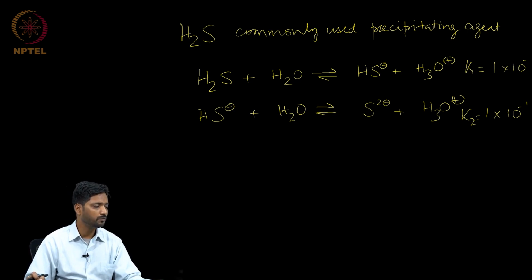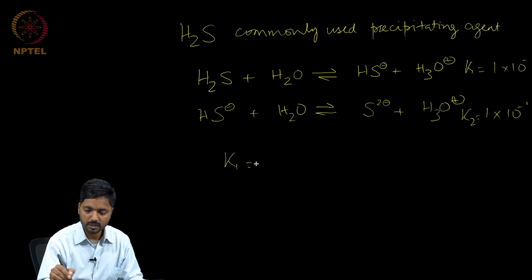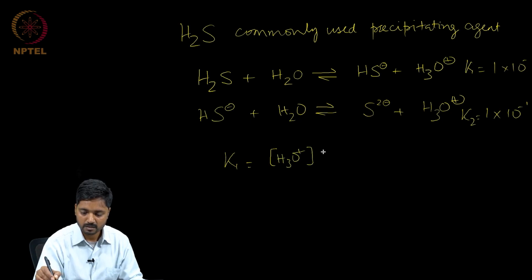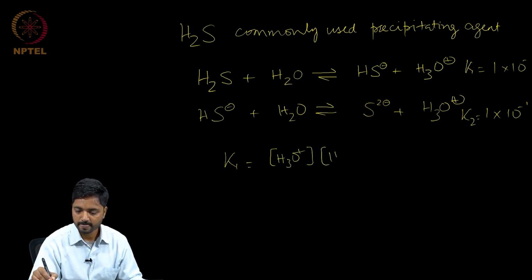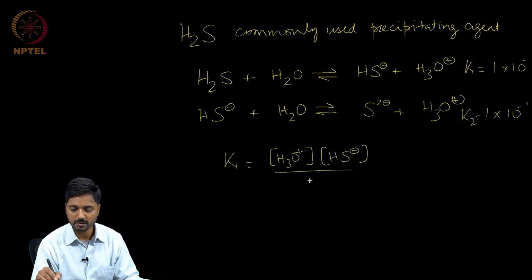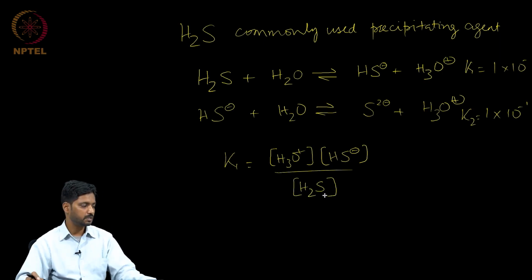So, what we see here is that K1 can be defined as the H3O plus concentration times the HS minus concentration divided by the H2S concentration.